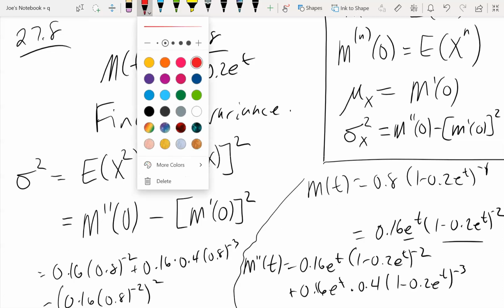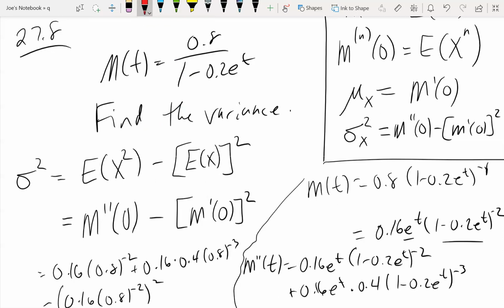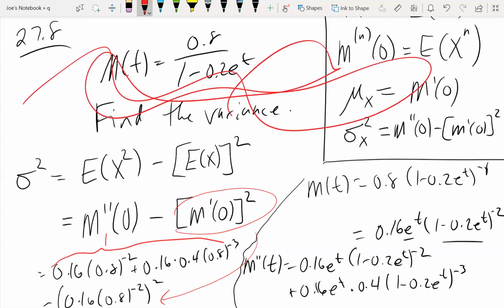Maybe it'll help, or maybe it'll be worse. That's that part, and this is that part. It's better than just scribbling all over everything.